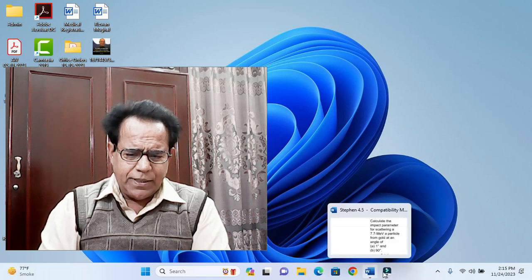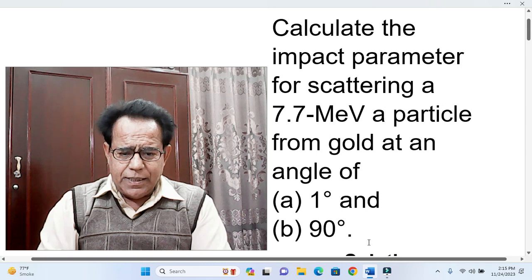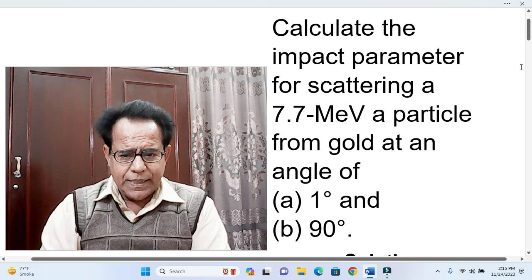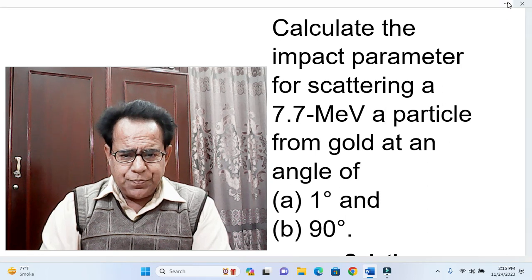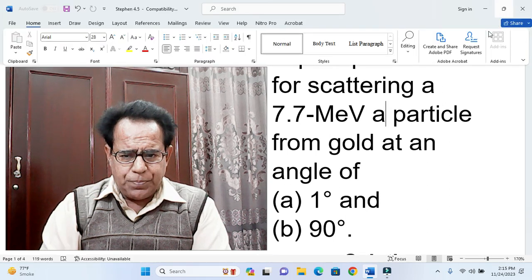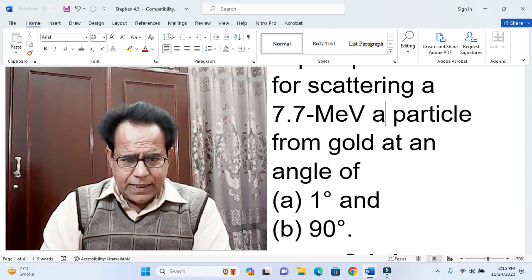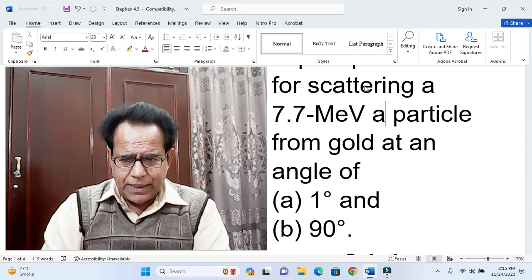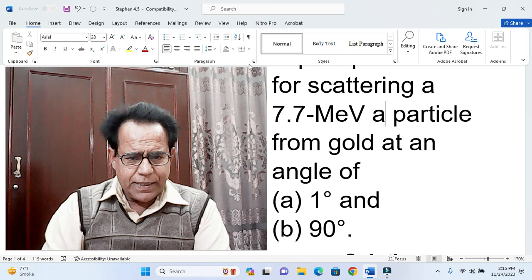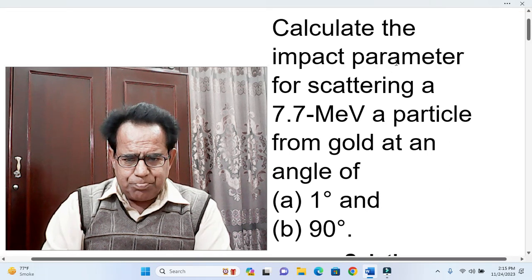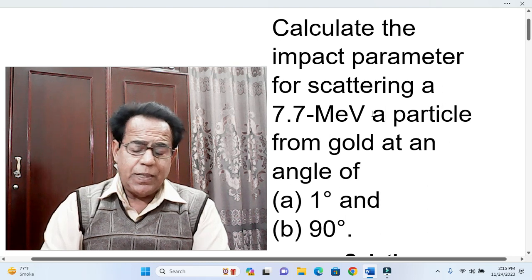Another way to replace this alpha, I think this is a minor mistake, but a mistake is a mistake.